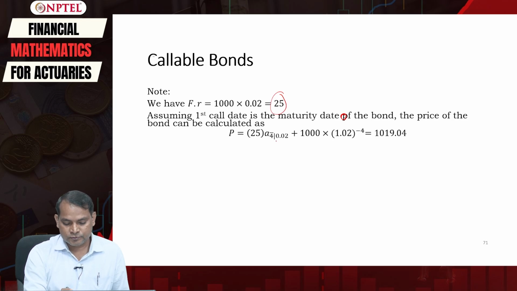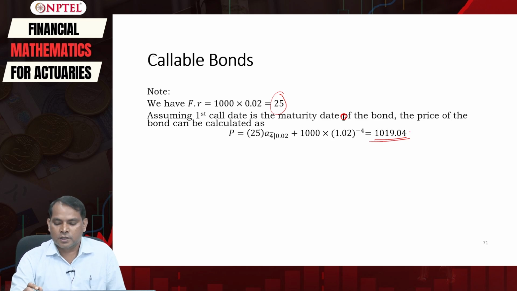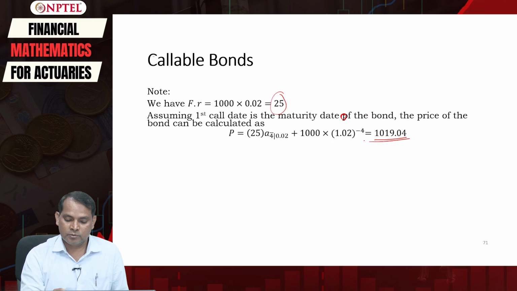Use the annuity factor formula and the present value factor formula, and then calculate it, and you will get 1019.04. I am not doing it again and again because I have shown you how to compute this type of value several times, so you can easily compute it using your calculator.